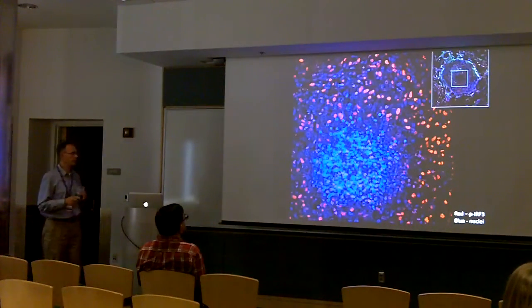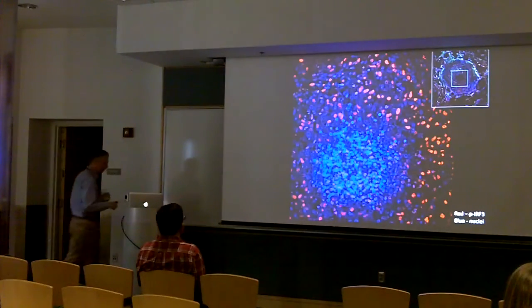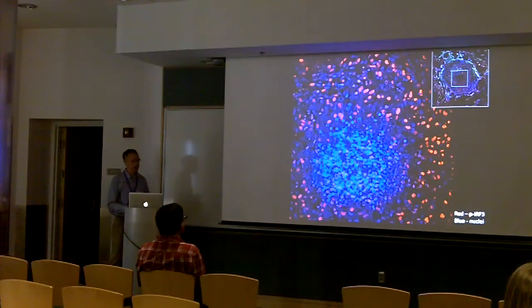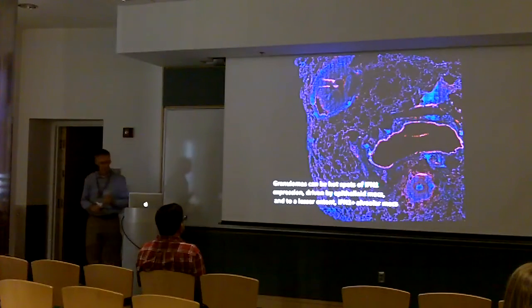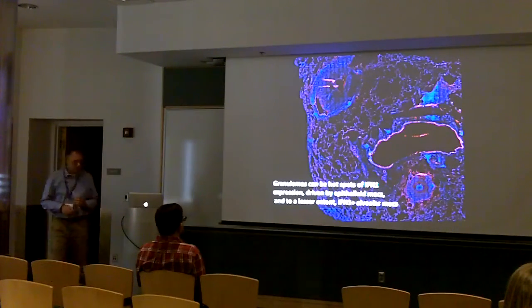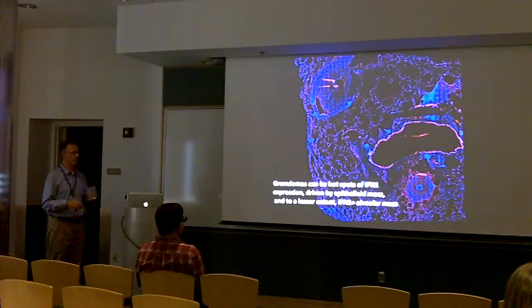But it's an important observation that some of the neutrophils, not all of them, are phospho-IRF3 positive. So now if we zoom out and we take this granuloma and look at it in the greater tissue context, what we can see is that there's a lot of phosphorylated IRF3 in this area.